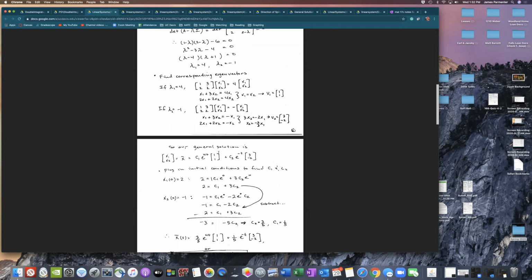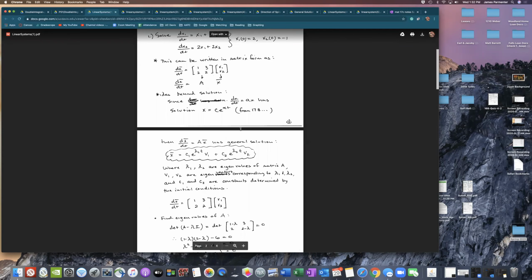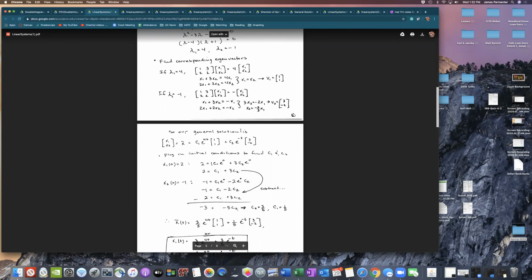The original dx1 dt was equal to 1x1 plus 3x2, and dx2 dt is equal to 2x1 plus 2x2.